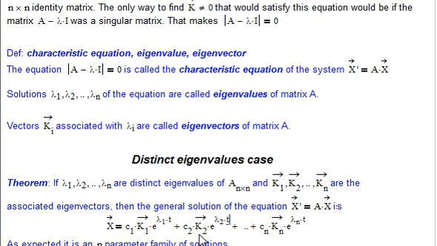This k2 vector is associated with this eigenvalue, and so on, all the way up to C sub n vector k sub n e to the lambda sub n t.